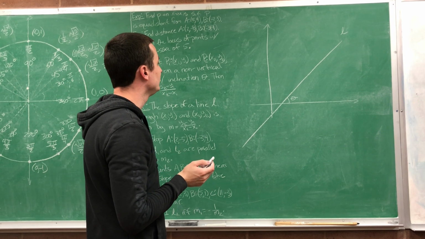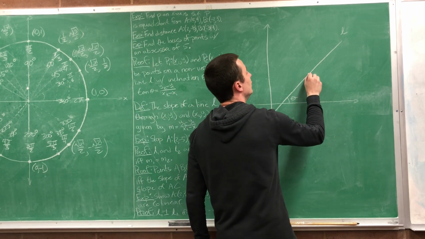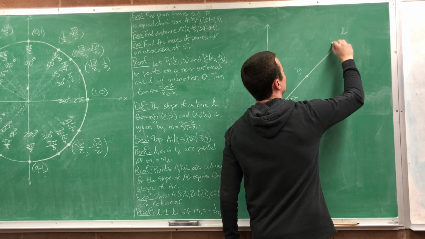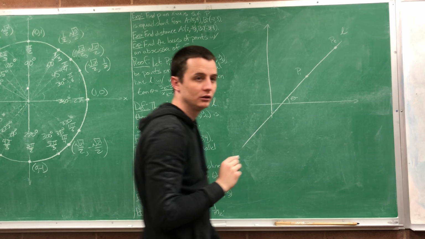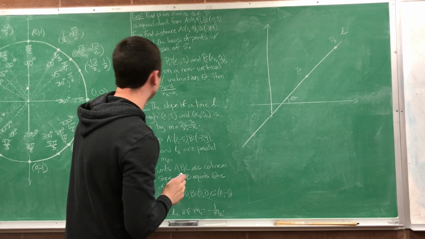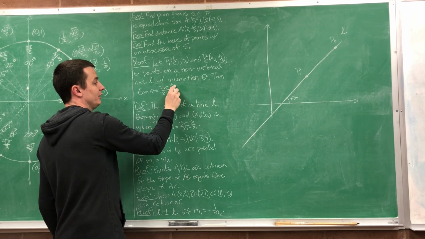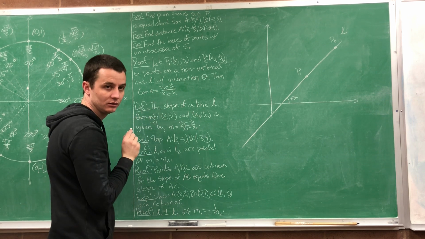Now pick any 2 points on it, P1, P2. We'll call this P1, and we'll call this P2. Good? Our job is to prove that the tangent of theta is equal to y2 minus y1 over x2 minus x1.